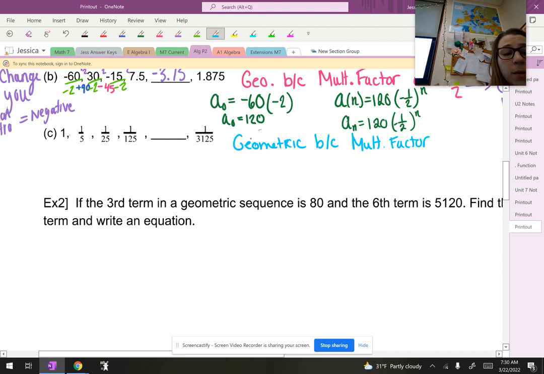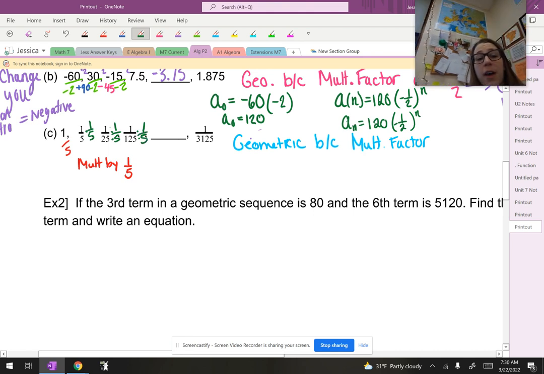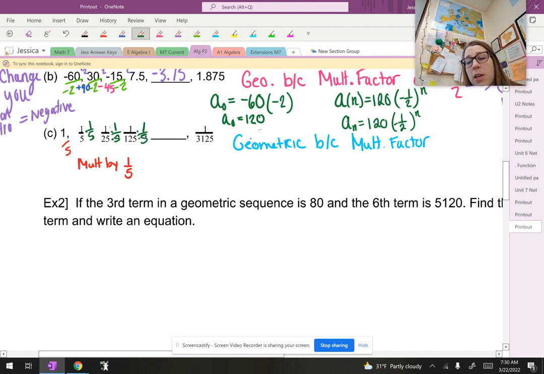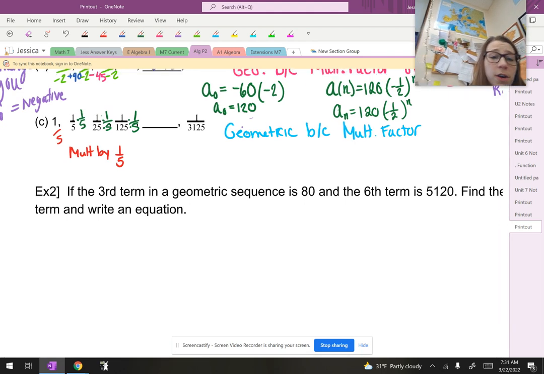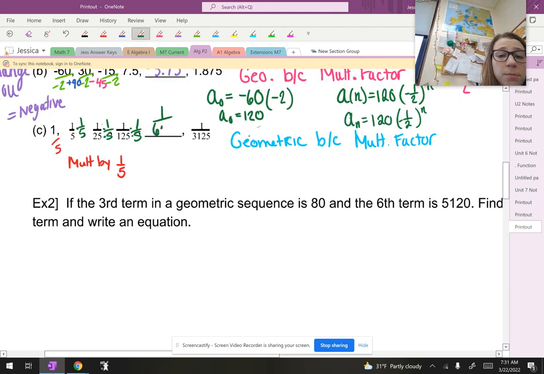To get from 1 to 1/5, I'm taking that and dividing that by 5. Dividing by 5 is the same thing as multiplying by 1/5, which makes sense, because 1/5 times 1/5, 1 times 1 stays 1 on the top, 5 times 5 gives me 25, 25 times 5, 125 times 5 is, I'm pretty sure, 625, but let's just double check. 125 times 5, 625, keeping the 1 over the same.